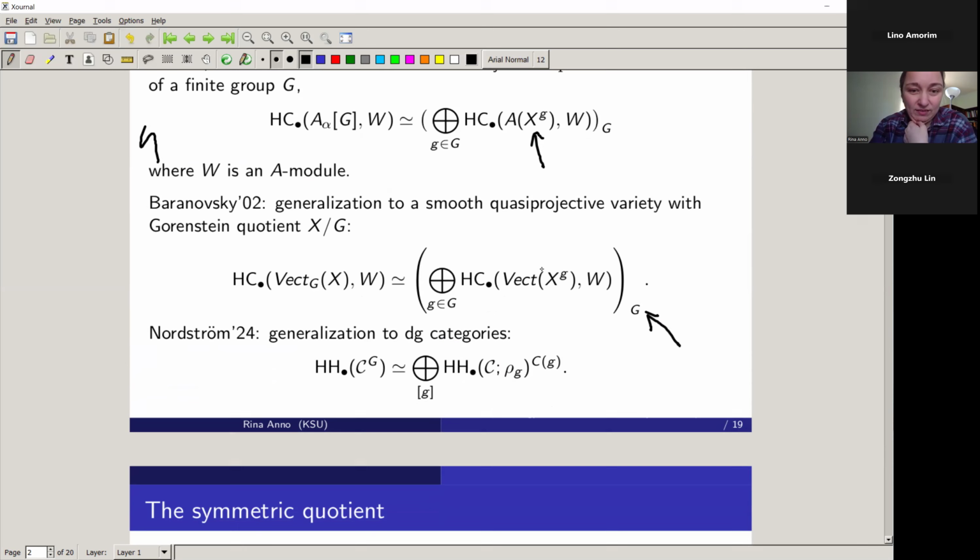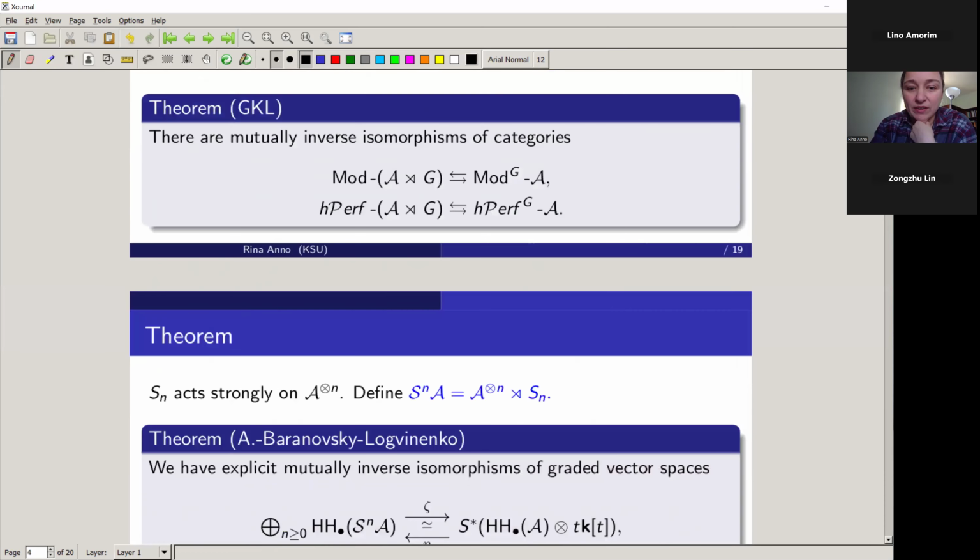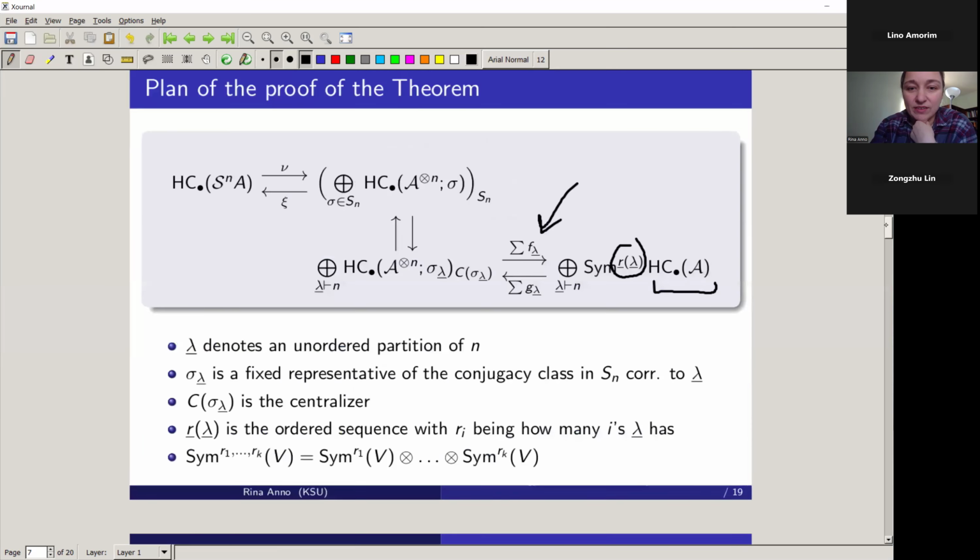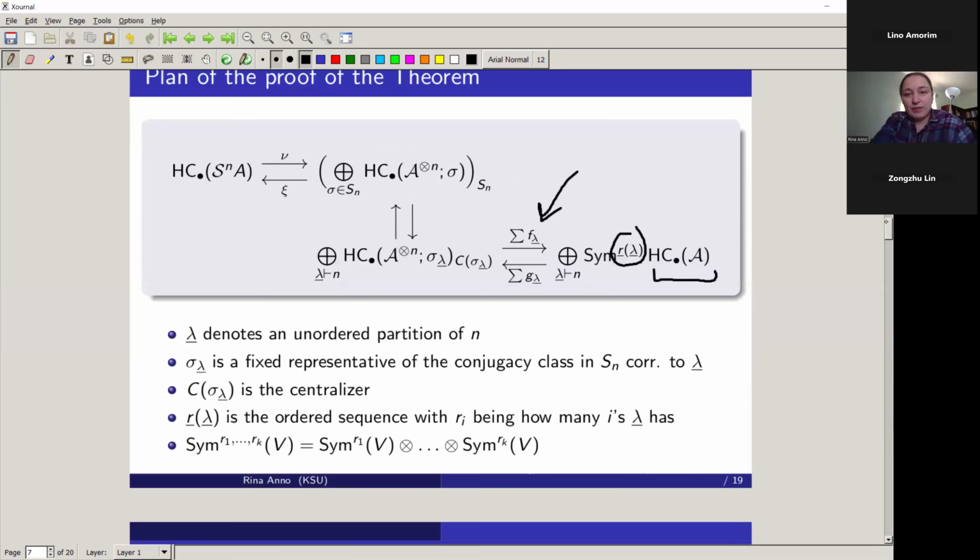This one is taking the sum over all g's, and you can see the last line is even closer to the Burnside counting formula. Yeah, so basically the middle column in this diagram: sum over all conjugacy classes, coinvariants by S_n, and the sum over conjugacy classes, and then each separately coinvariants by its centralizer.